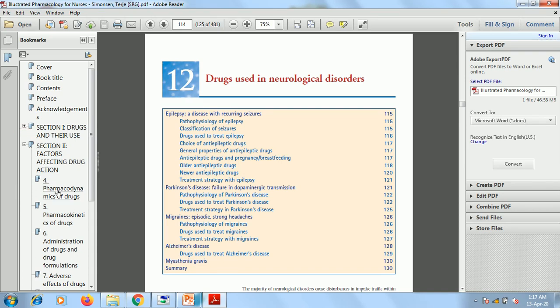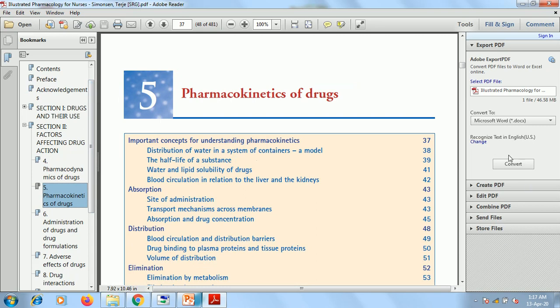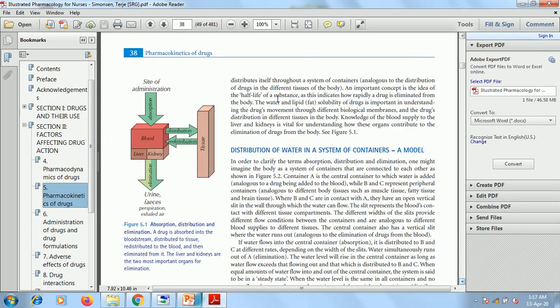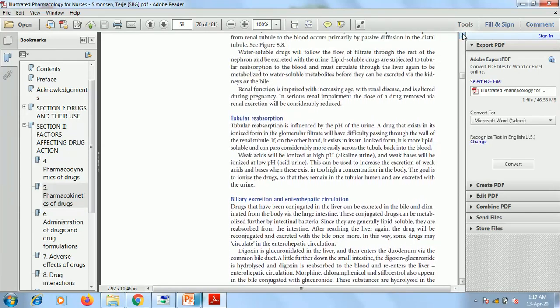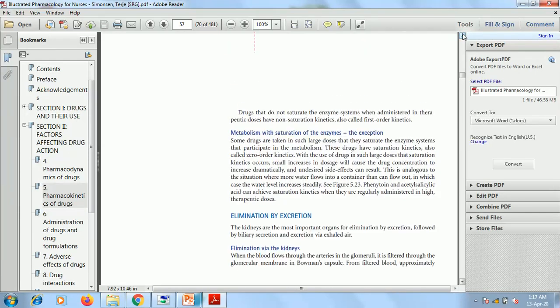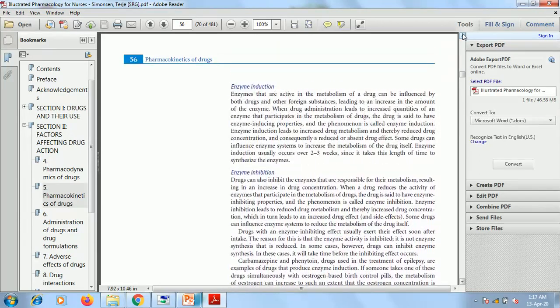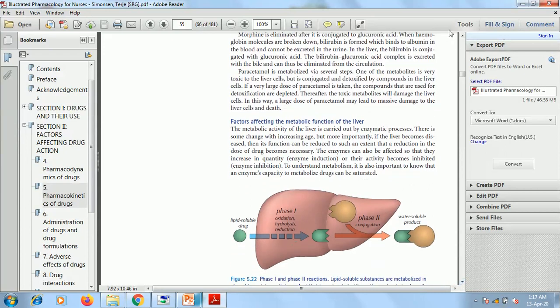I'm going to show you how this will happen. Here is the example of phase 1 and phase 2. We'll come back to it.